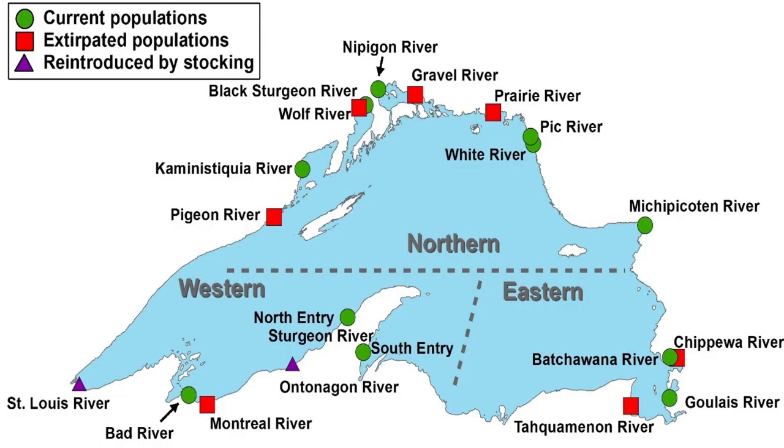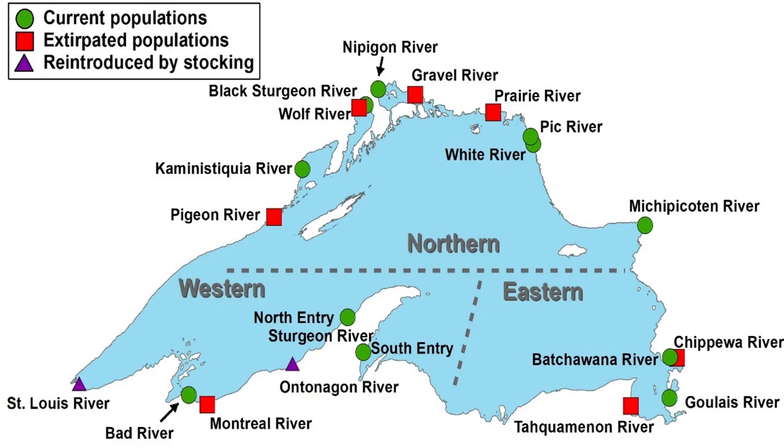I'm going to begin by just showing this slide, which demonstrates where we believe lake sturgeon were historically. We think we had 19 historic spawning populations. 10 of them, represented by the green circles, remain extant. We know this because we've done spawning surveys in these rivers and documented spawning and larval production. We have 7 populations that are considered extirpated.